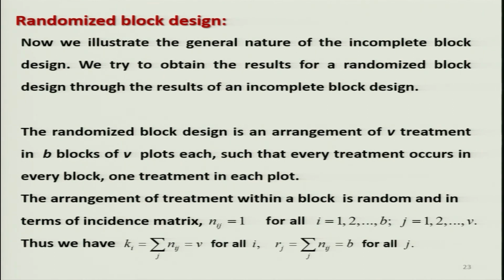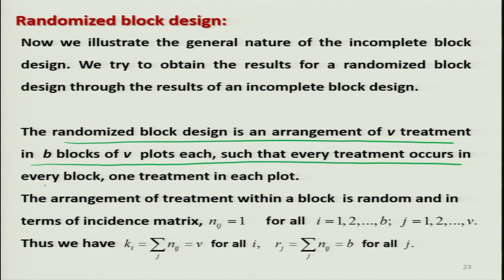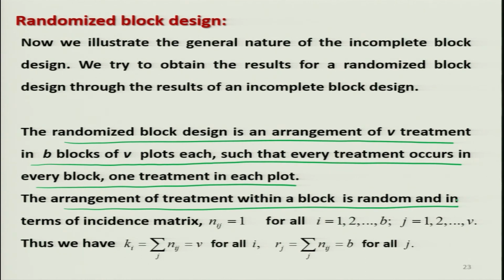So, if you try to recall, the randomized block design is an arrangement of V treatments in V blocks of V plots each, such that every treatment occurs in every block, one treatment in each plot. And the arrangement of different treatments within a block is random.